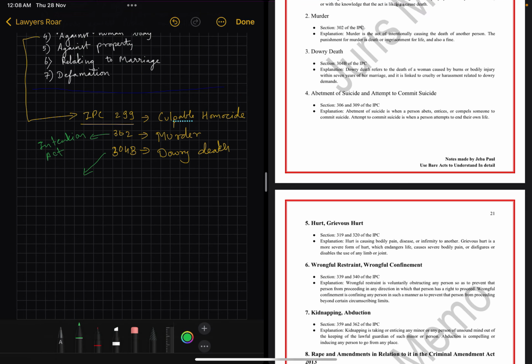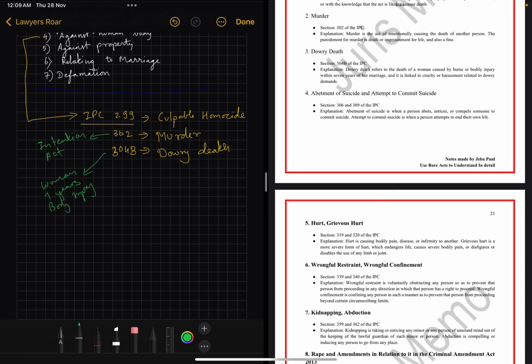First it is done against women, then the time bound is 7 years, and then it's a bodily injury. Okay, it's done on the body. It can be burns or any cruel activity, harassment. These things are covered here. That is 304B of IPC.